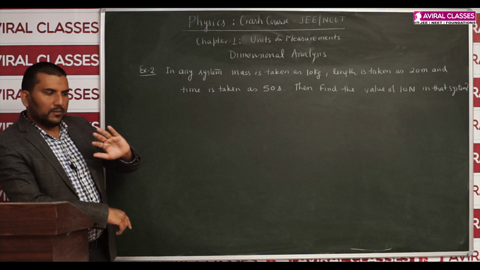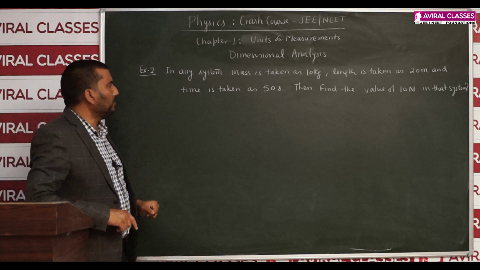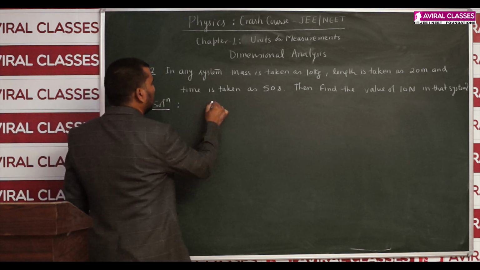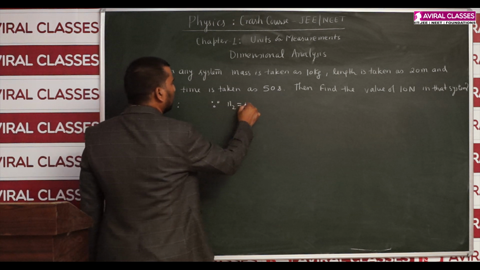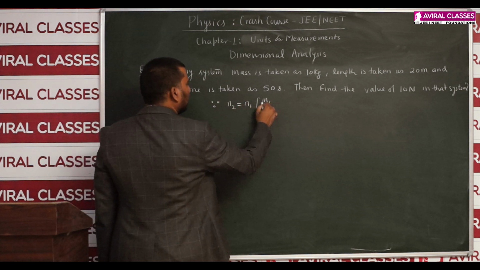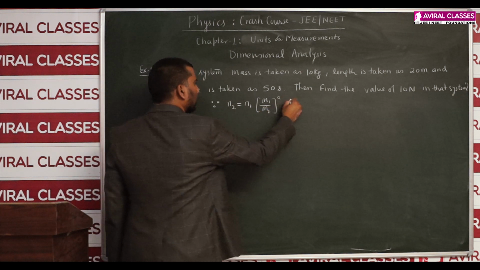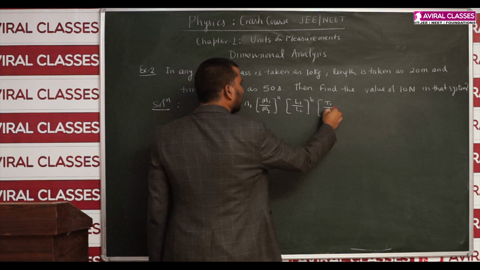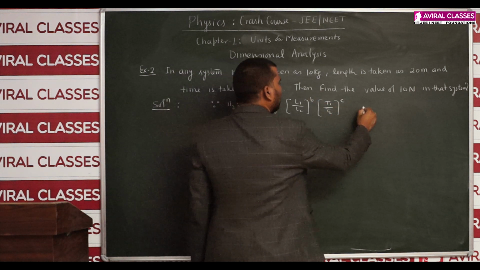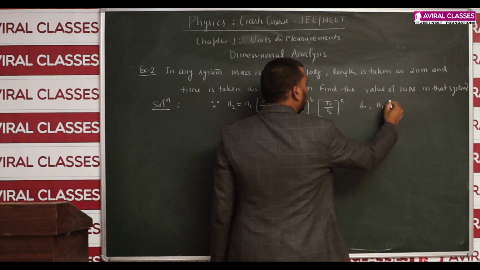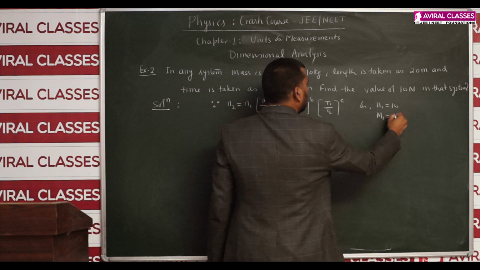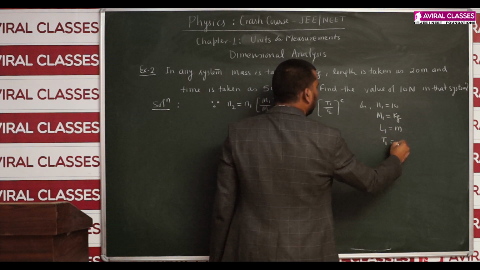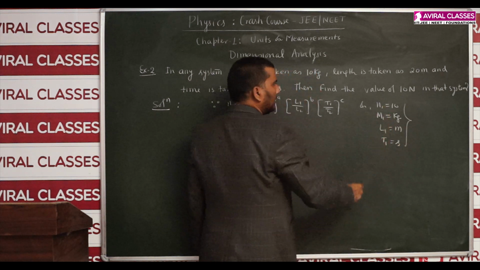Again, we have to use the formula N1 U1 is equal to N2 U2. Solution. Since N1 is 10, M1 is kg, L1 is meter, T1 is second, MKS system, 10 Newton.